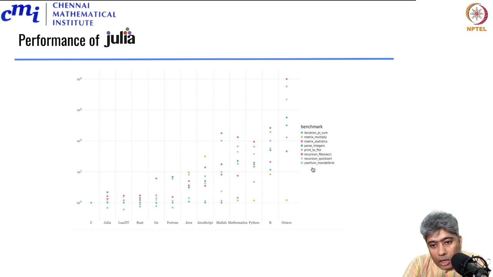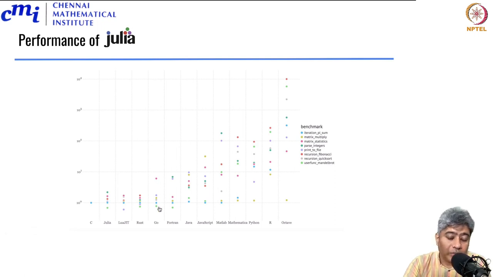Recursion, quicksort, Mandelbrot. And C is taken as the base, so all programs are put relative to 10 to the power 0, which is 1. With respect to that, in Mandelbrot, Julia is even faster than C, and the rest of them are somewhat comparable.